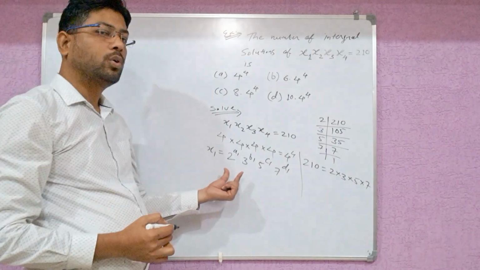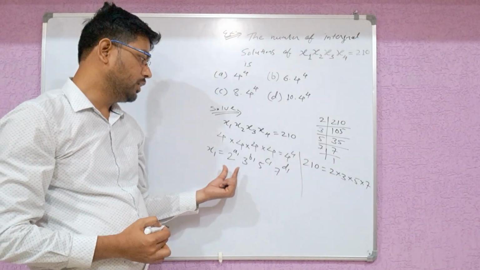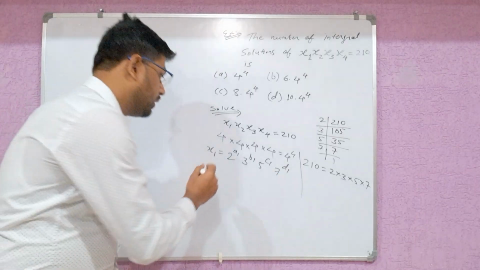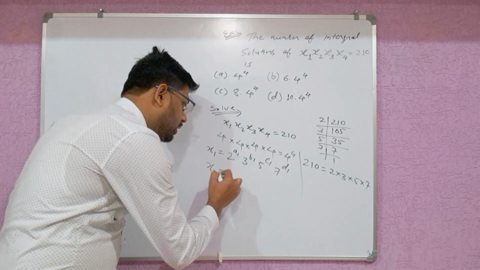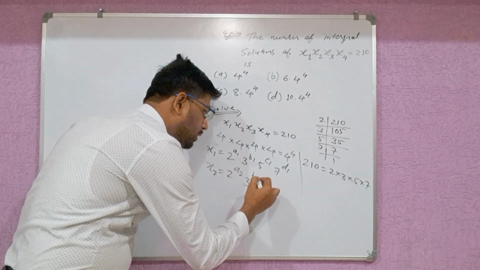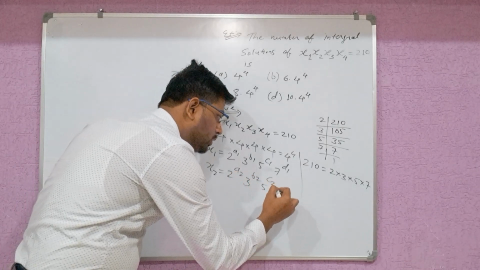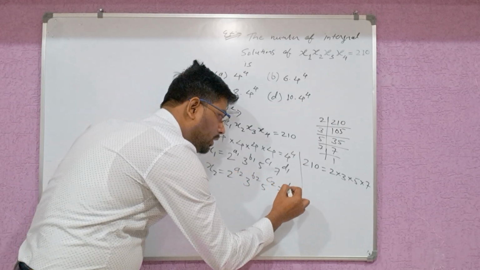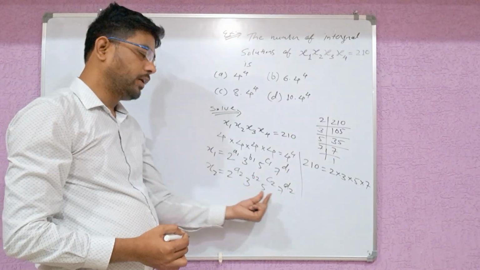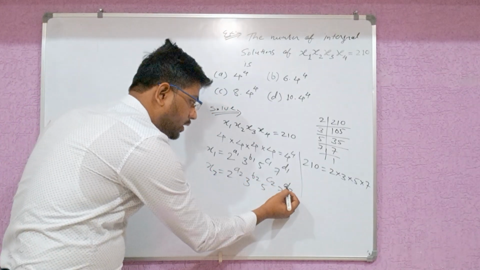So all combinations of this I have taken, factors of 2, 3, 5 and 7 in x1. Now x2 can be 2 raised to power a2, 3 raised to power b2, 5 raised to power c2 and 7 raised to power d2. In x2 also factors of 2, 3, 5, 7 can be there. So I have taken it like this.